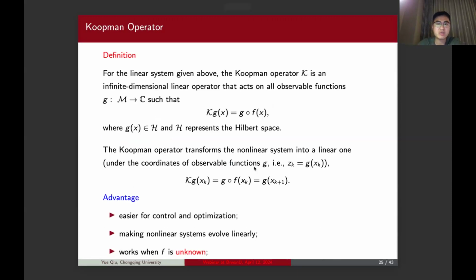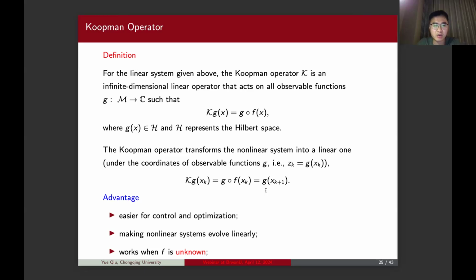The key is that we need to use the so-called observable functions. By incorporating the definition of the Koopman operator, the observable functions make the dynamics evolution of the system linear. And for linear problems, it is easy to compute and also easy to control.